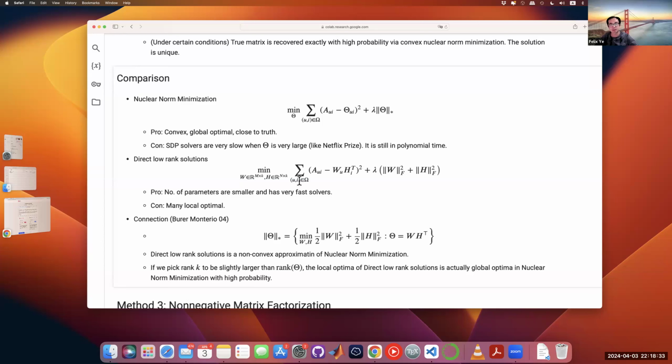And we can have very fast solvers. Well, that solver is ALS.